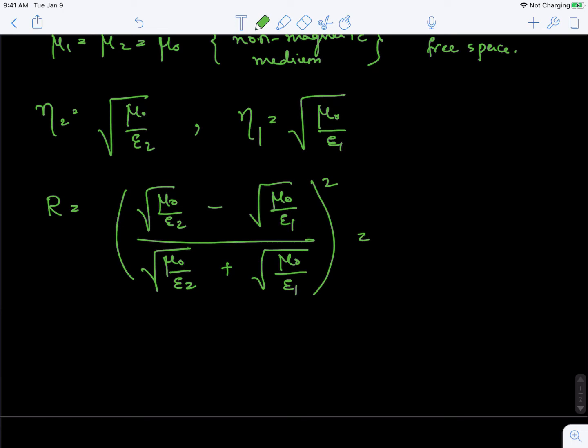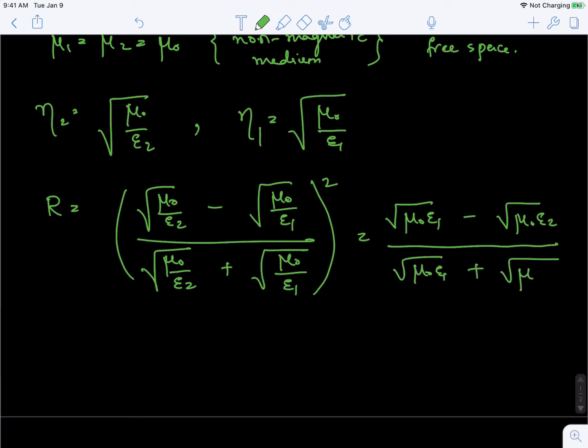Now if we simplify this, taking the LCM and so on, it will look like square root of mu naught epsilon 1 minus square root of mu naught epsilon 2, divided by square root of mu naught epsilon 1 plus square root of mu naught epsilon 2, all to the power of 2.